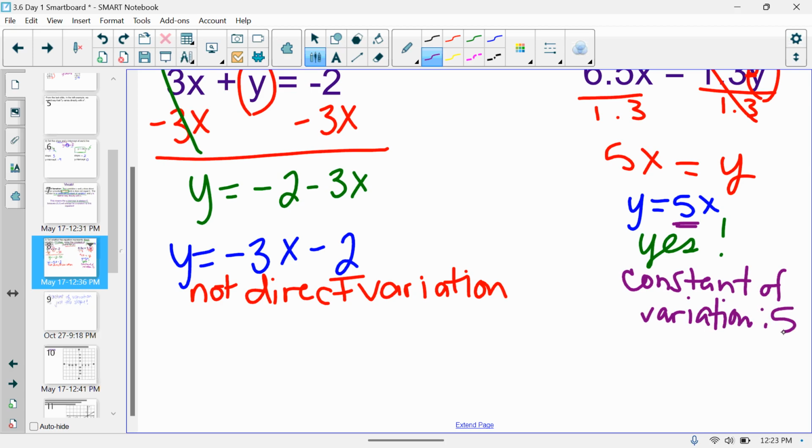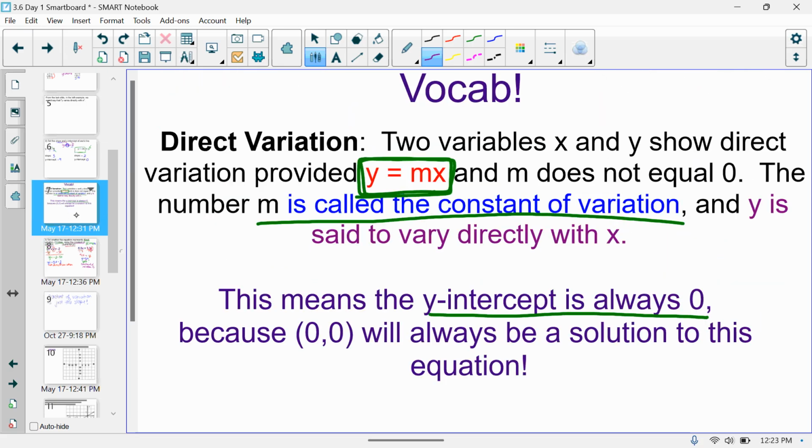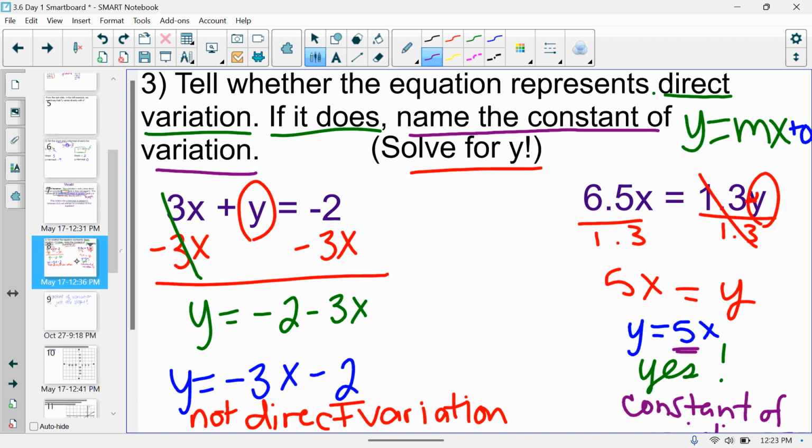So you might want to add that to your notes, or let's see if it was on this slide. Yeah, the m is the constant of variation. So we might want to add for ourselves here, go back to your definition slide, that it's still just the slope, okay? M stands for slope in this formula, just like it does in y equals mx plus b.